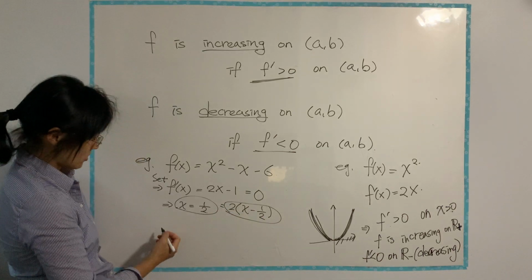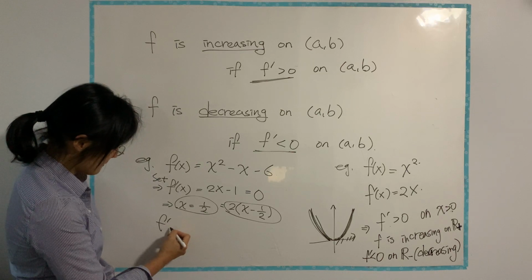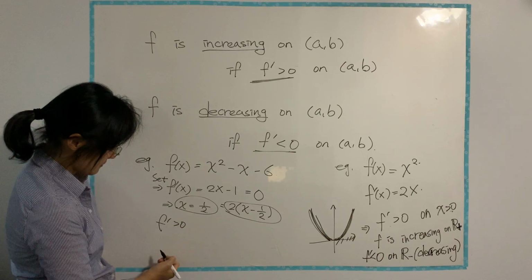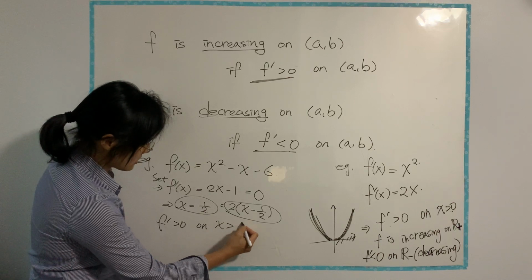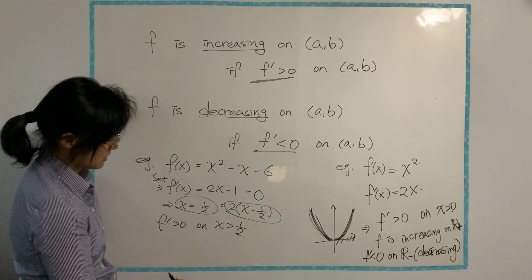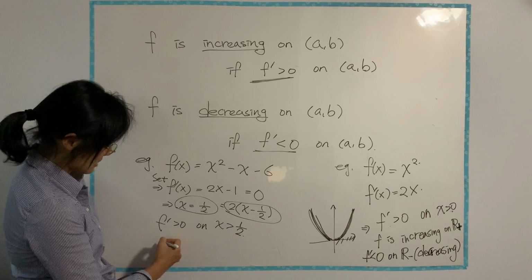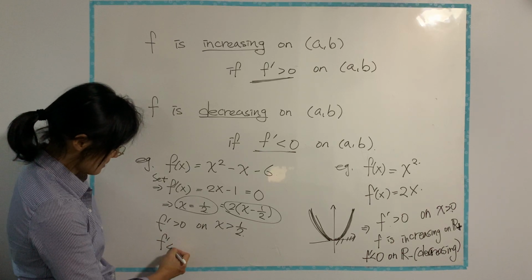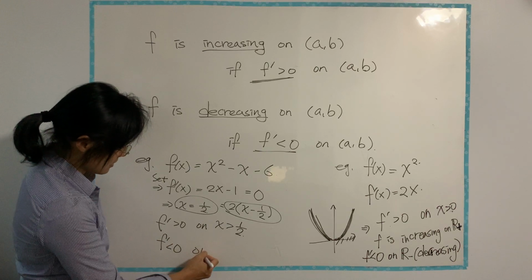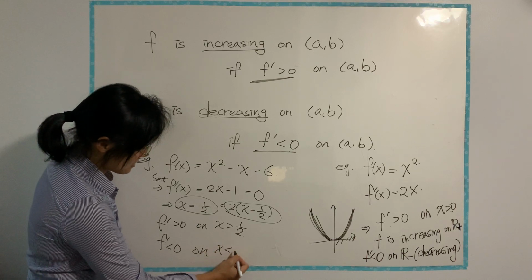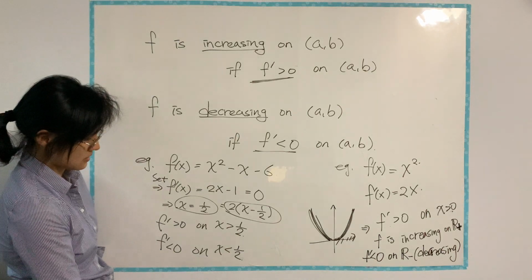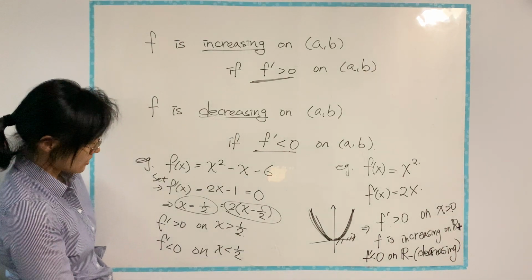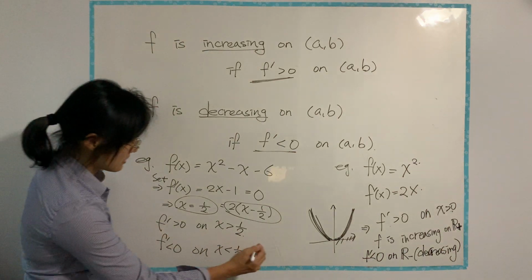Okay, so I have f prime positive on the part where x is greater than a half. Okay, f prime is negative on x less than a half.